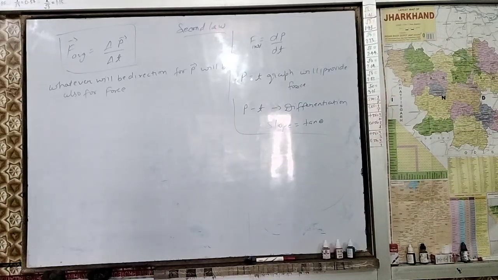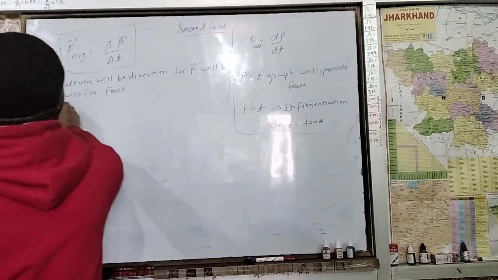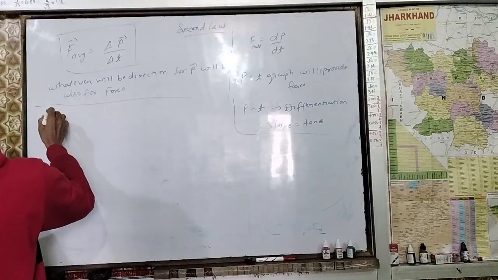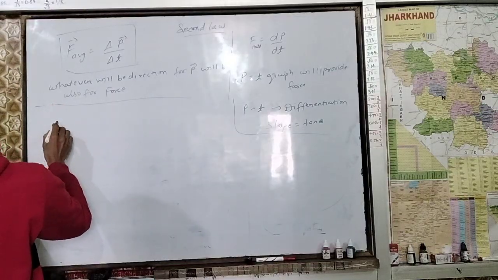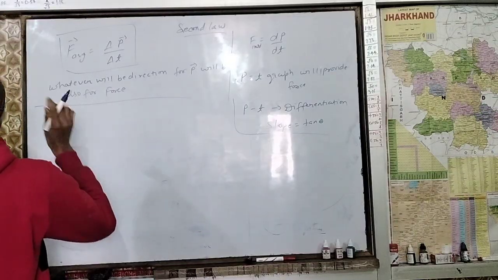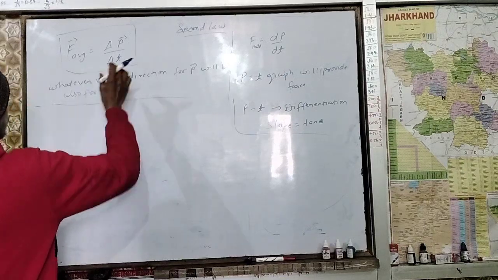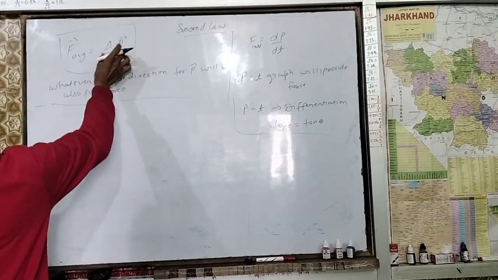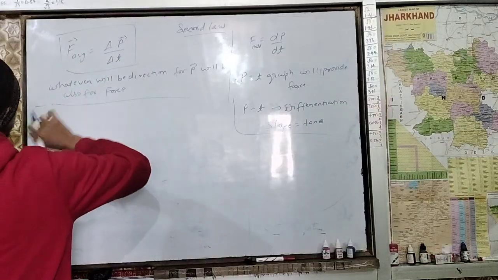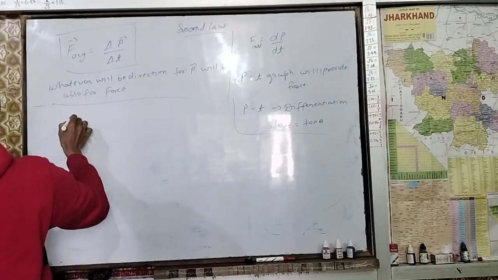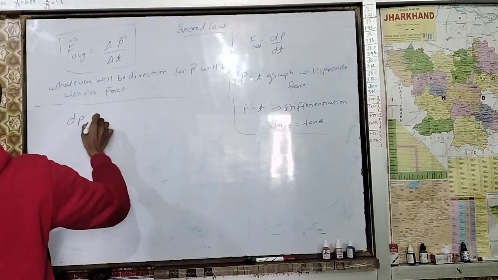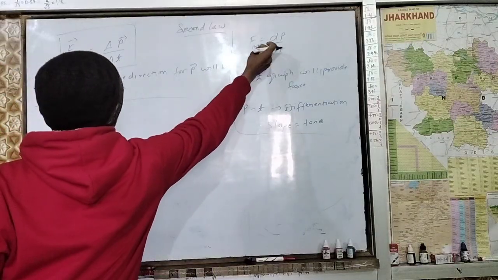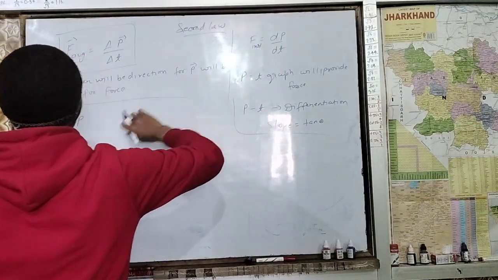Now this was about differentiation. Now let's see integration of force. To calculate the total momentum we will have F multiplied by dt. So dp is equal to F multiplied by dt.